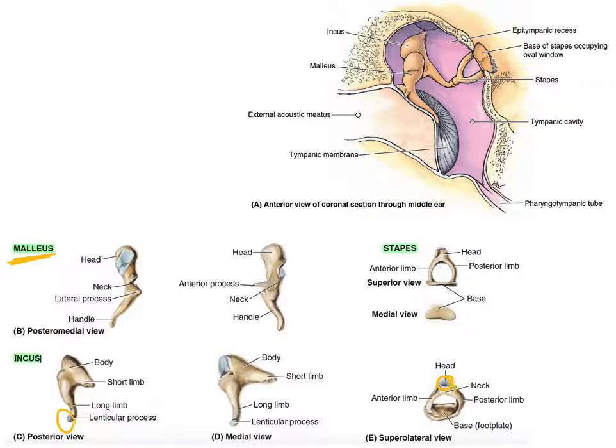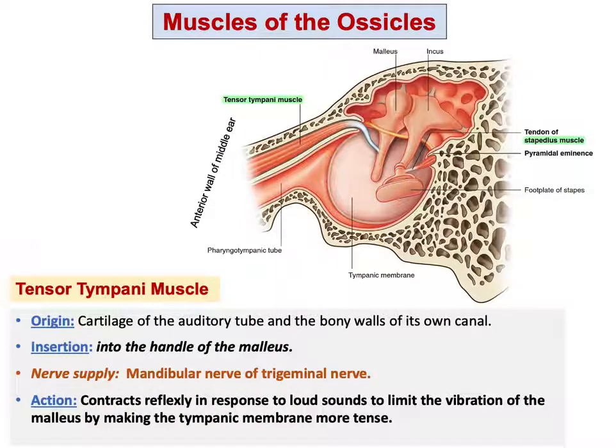So it has a head, neck, anterior limb and posterior limb, and most importantly, it has a base footplate that fits and closes the oval window, as you see here in this figure. So why am I talking about the different structures of the ossicles? We don't care too much about all of these structures, but there are a couple of important ones.